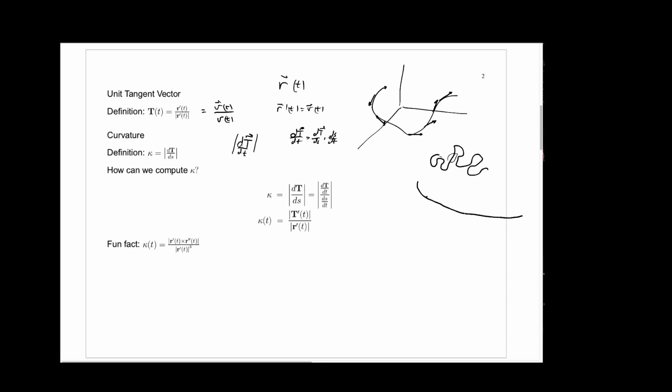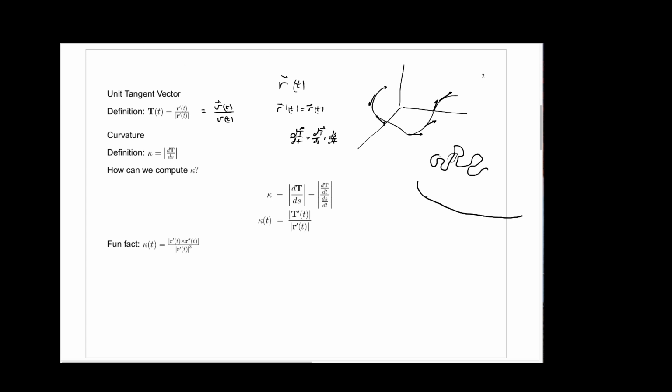If I divide by ds/dt, I get that kappa, which is the length of dT/ds, is the length of dT/dt divided by ds/dt.